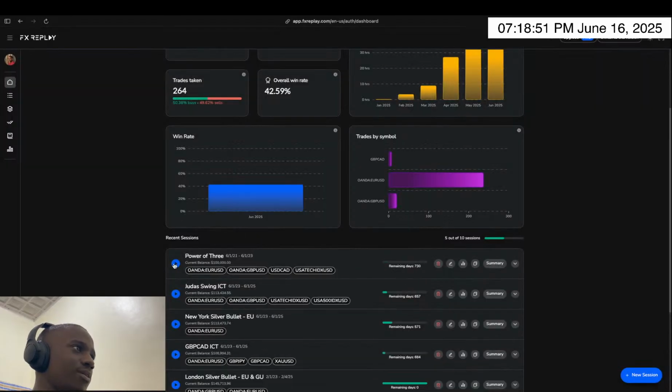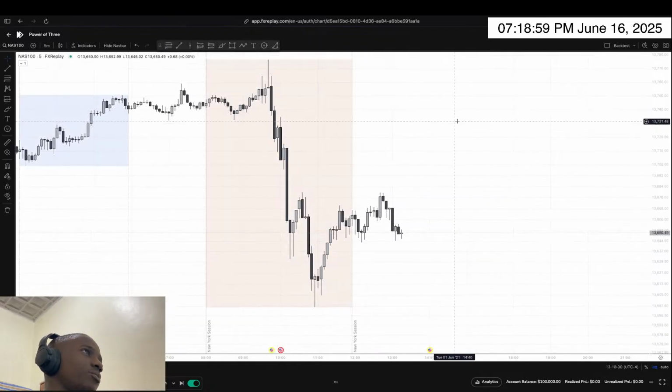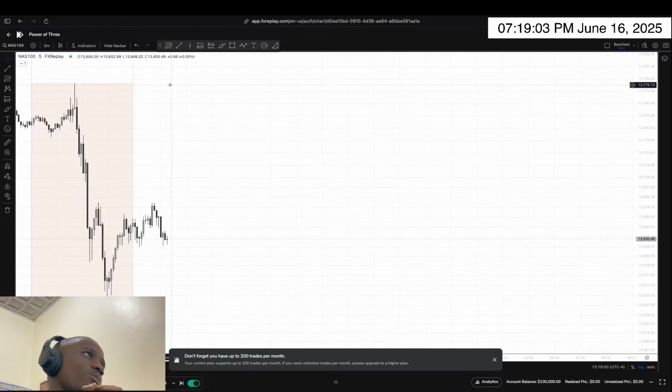This power of 3. And basically the kind of setups I'll be looking for in this session is I just want two PO3s, the daily and the weekly, and that's basically it. Most likely I would like to find my entries every day. So the weekly is the same thing as the daily.